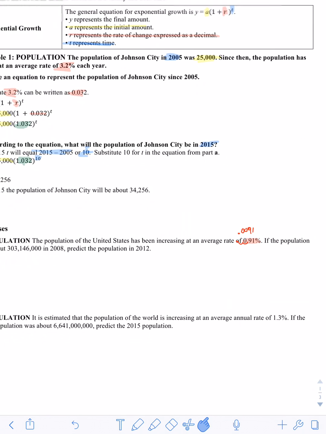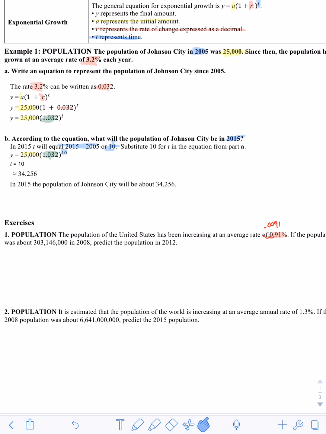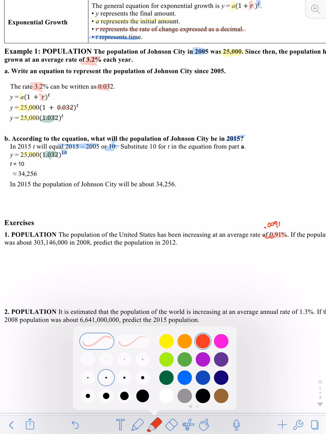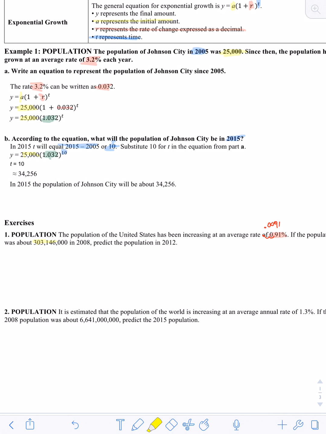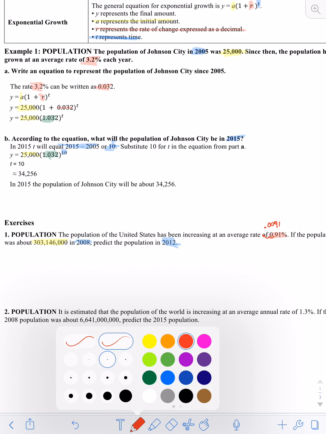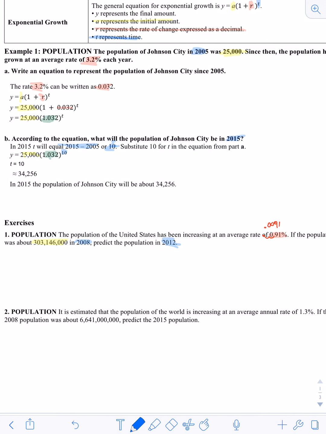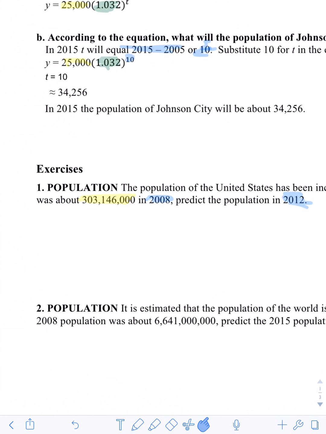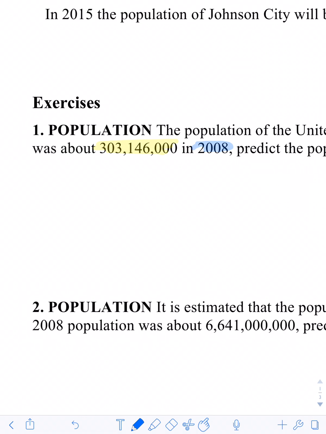It says if the population was about 303 million, and so on. So let me go ahead and highlight that because that's my initial amount. So here's my initial amount in 2008. So here we're talking about time. Predict the population in 2012. So again, we're talking about time. So what we're going to do is first write out this time. Let me zoom in again. Okay, so you're going to look at your paper because I'm going to zoom in to write this to make it fit.